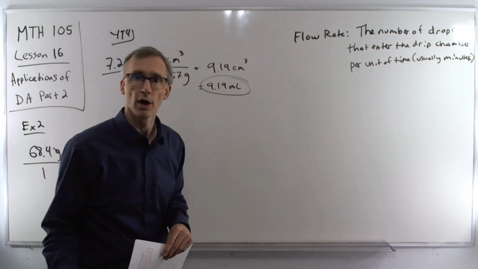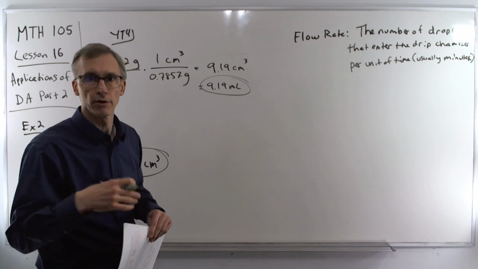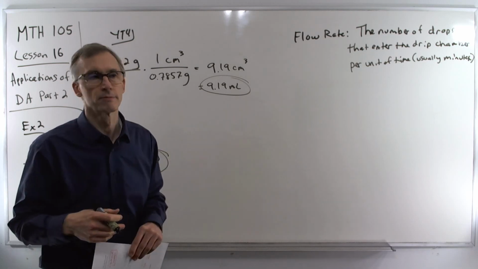So flow rate is the number of drops that enter the drip chamber per unit of time, usually measured in minutes.